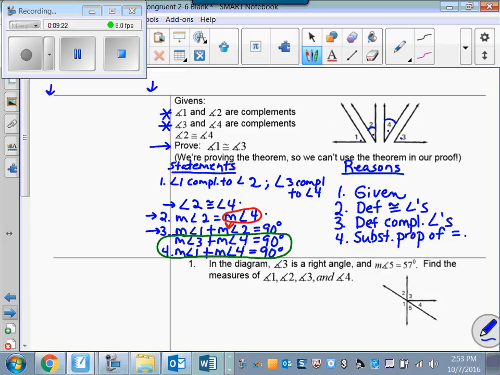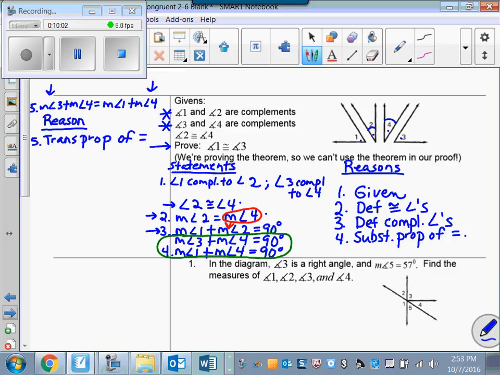So number 5, I'm going to say the measure of angle 3 plus the measure of angle 4 equals the measure of angle 1 plus the measure of angle 4. And number 5's reason, this is really terrible that I can't keep my two columns, and I do apologize. The reason for number 5 is I just used the transitive property of equality.